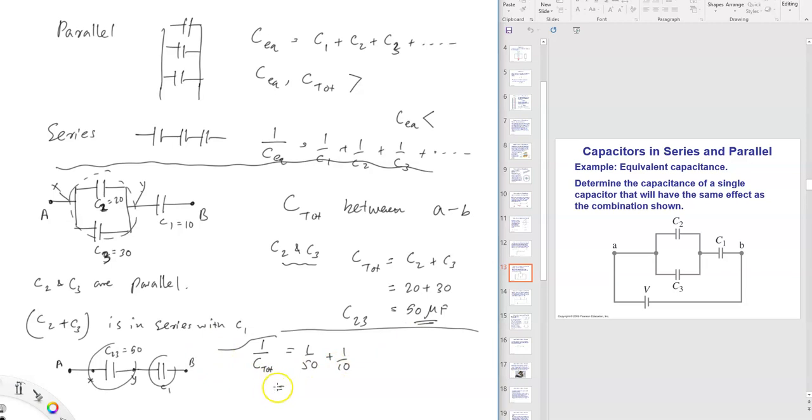So I can get a common denominator, which is 50, 1 plus 5, 6 over 50. So my C total or CEQ is 50 over 6, which is 8.33 microfarads. 8.33 is my CEQ.